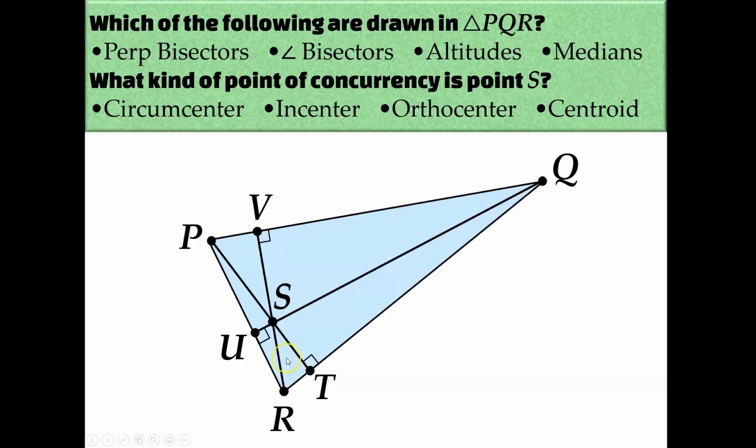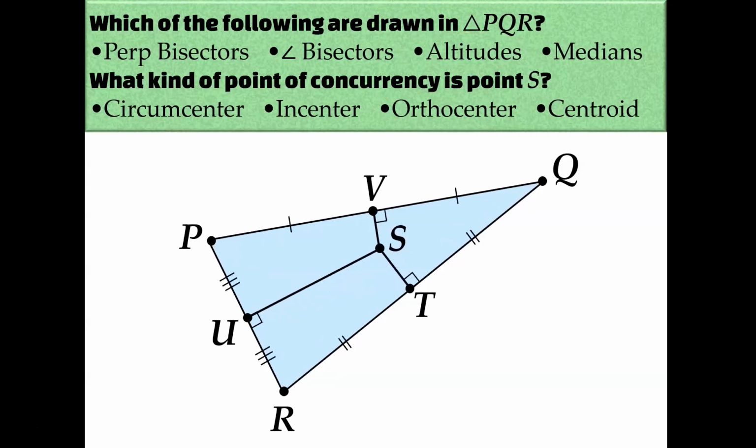Instead, VR connects side PQ to the opposite vertex such that VR is perpendicular to PQ. We call that an altitude. And since each of these segments are altitudes, they intersect at a point called the orthocenter. Point S is the orthocenter of triangle PQR, because it's the intersection of the altitudes of the triangle.